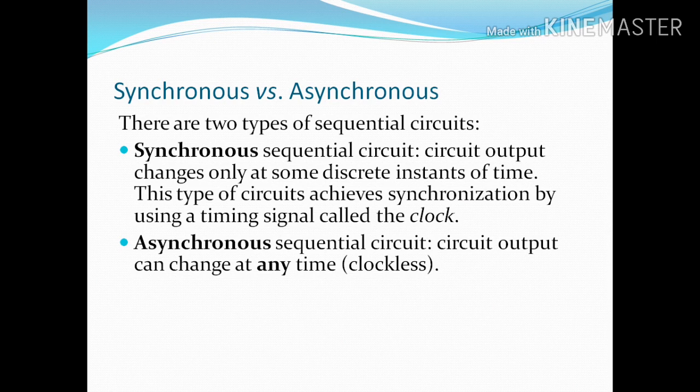This type of circuit achieves synchronization by using a timing signal called the clock pulse. In asynchronous sequential circuits, the output can change at any time. That means the time diagram is not maintained and changes may occur at any time. It is clockless.